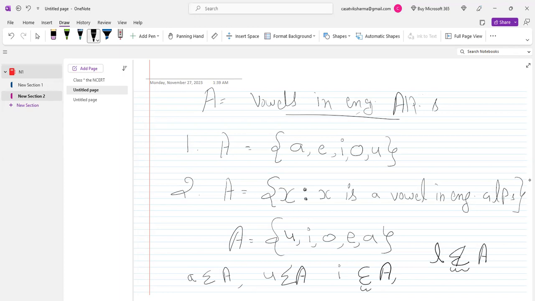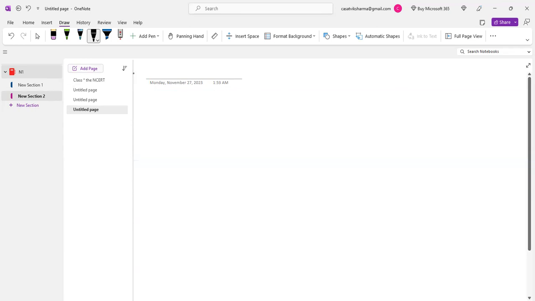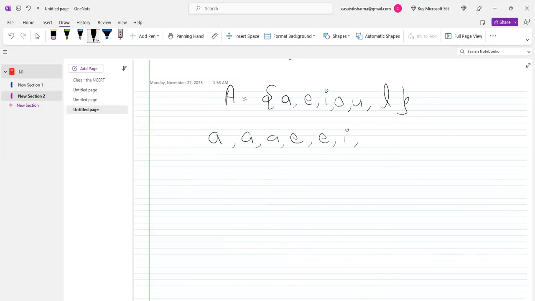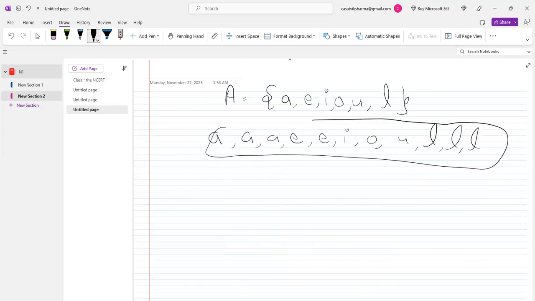One more thing. For example, this set A is A, E, I, O, U, and we're taking one consonant L. Six letters in all. Suppose we have taken this data from an observation: A, A, A, E, E, I, O, U, L, L, L. From this data we have made this set A. A is 3 times in the data, but we have represented it as a single element in the set.